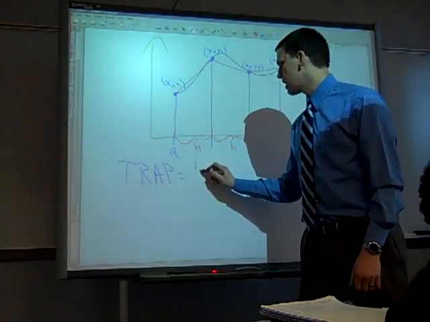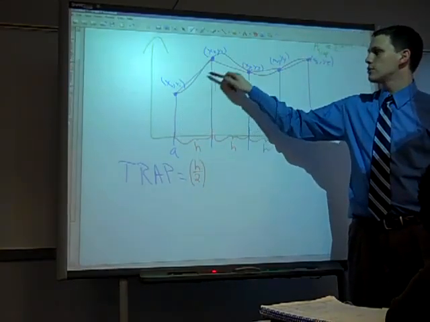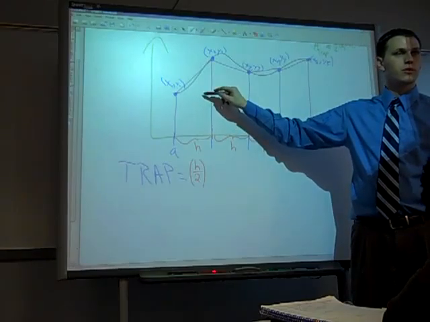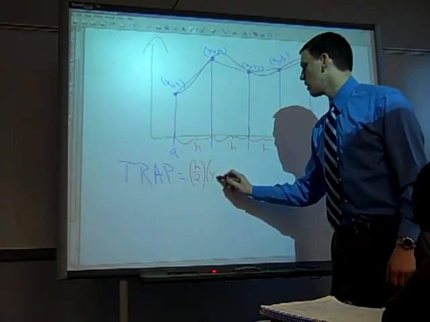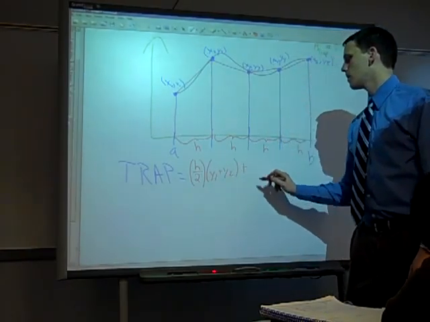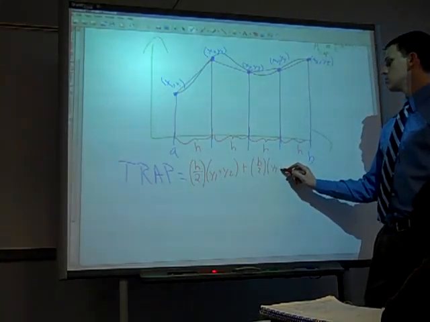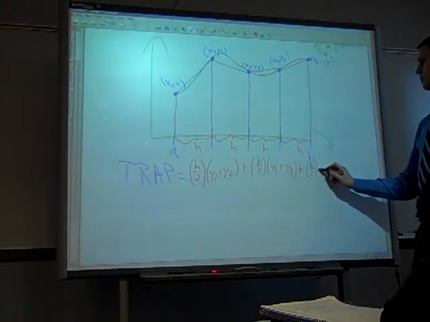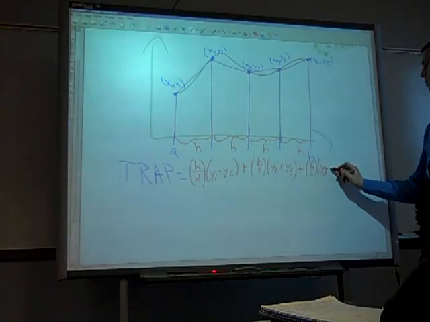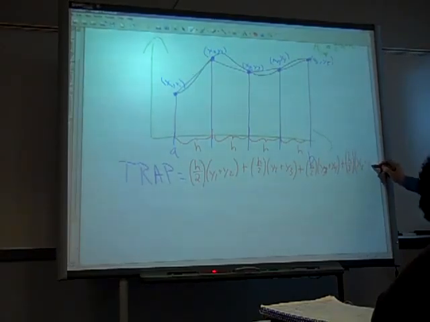So we have 1/2 times the height, which is h over 2. And then the bases, what's the length of the 2 bases on the first one right here? Yeah, so it's going to be y1 plus y2. The next trapezoid is going to be h over 2 times y2 plus y3, plus h over 2 times y3 plus y4, plus h over 2 times y4 plus y5.